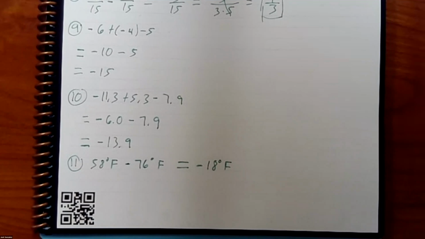Is that wrong? Minus 70 and negative 20 minus... Negative 22.